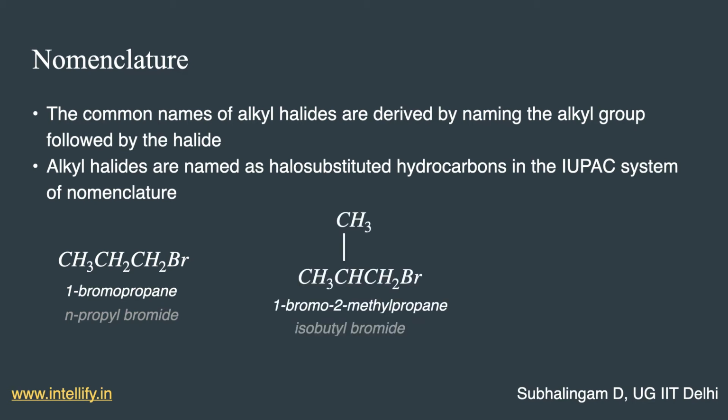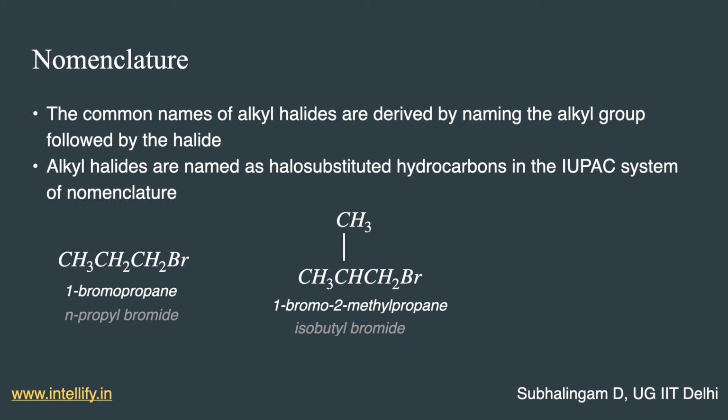Let's look into another example which has branching. The common name we give to this is isobutyl bromide because we have 4 carbon atoms totally, and the iso signifies a branch in the second carbon atom. So the main chain has just 3 carbon atoms. Let's start numbering again.